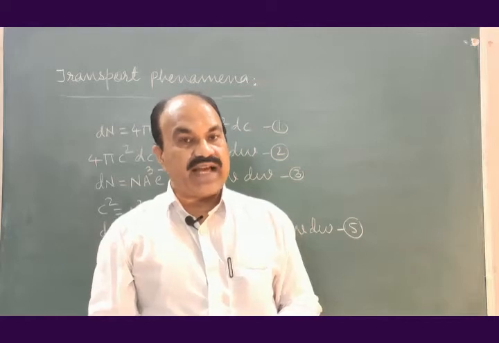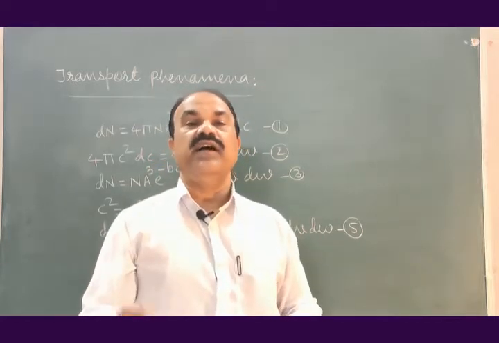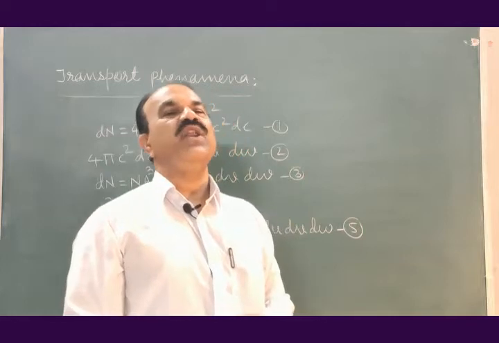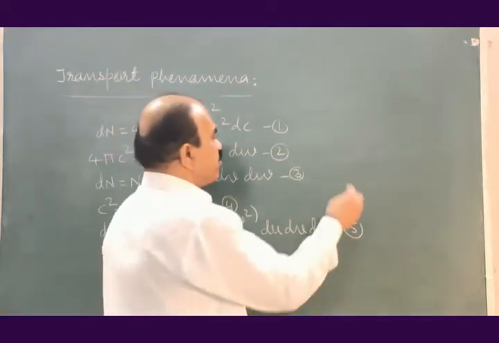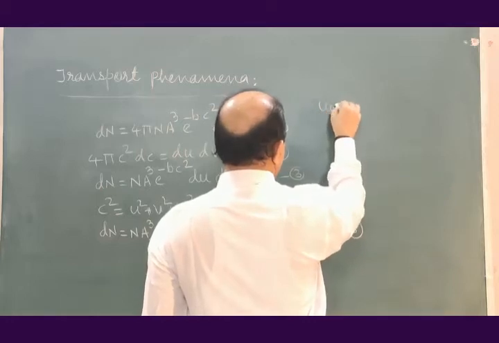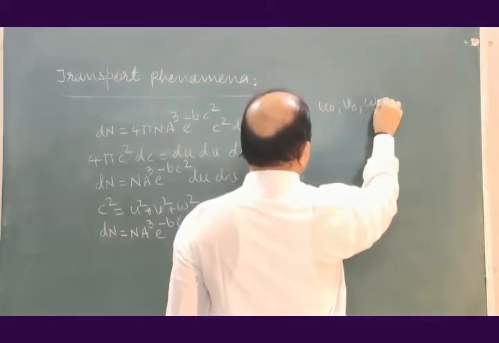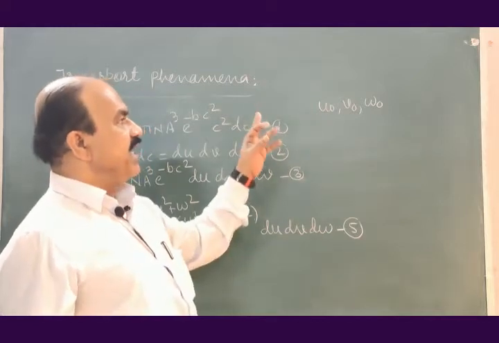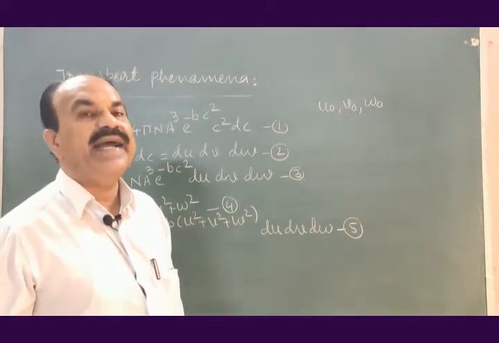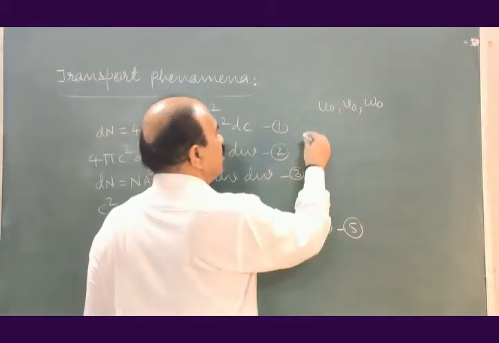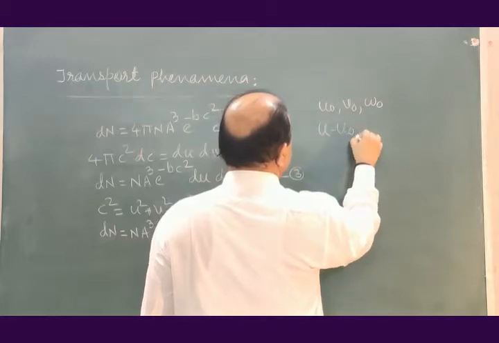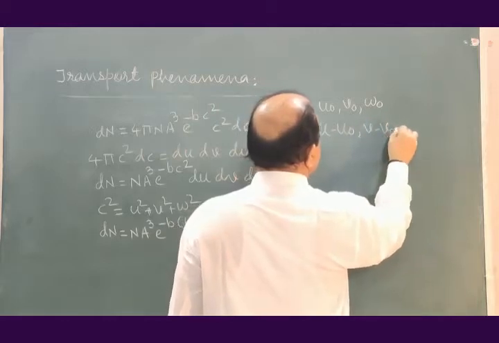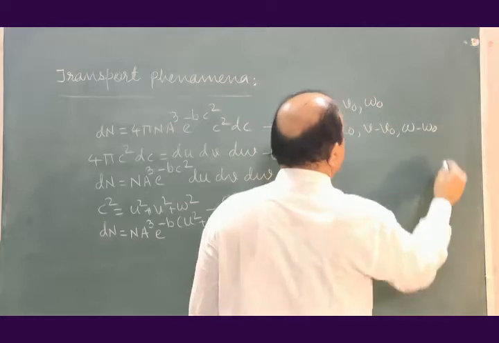If the gas as a whole is considered to have mass motion, then there will be mass motion velocity components, given by u0, v0, w0, and the thermal velocity components are given by u minus u0, v minus v0, and w minus w0.